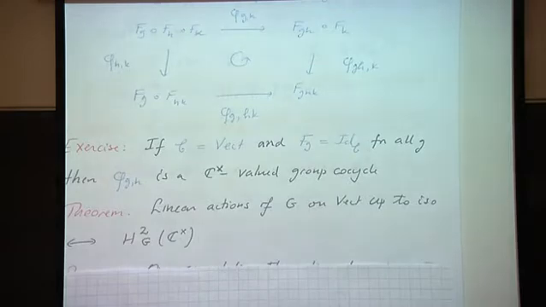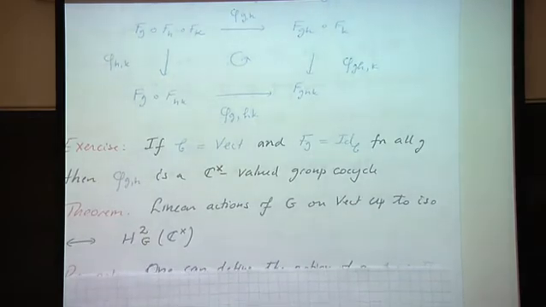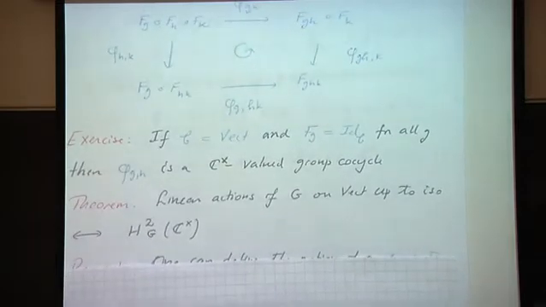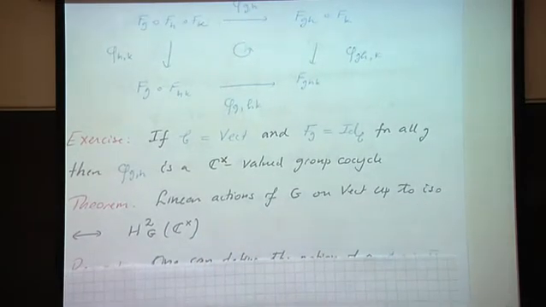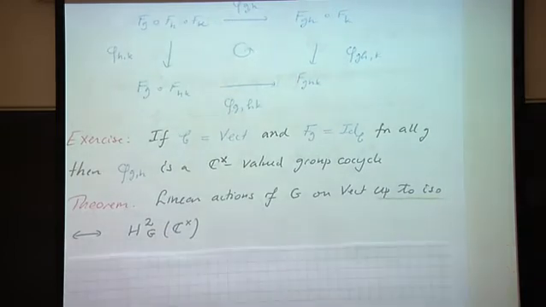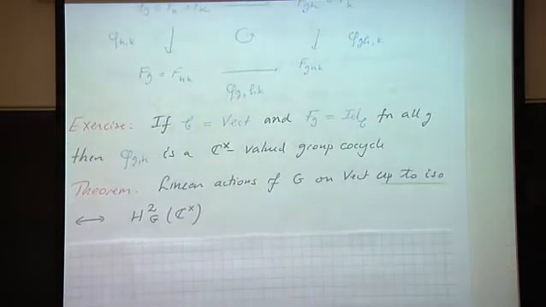In other words, there's a notion of isomorphism for group actions on Vect, and under that notion of isomorphism, if two cocycles differ by a coboundary, then the corresponding actions become isomorphic. But the proof of the theorem is really spelling out clearly what this means, and then you just check the condition. But in your exercise you considered only group actions for which Fg is the identity for all g.